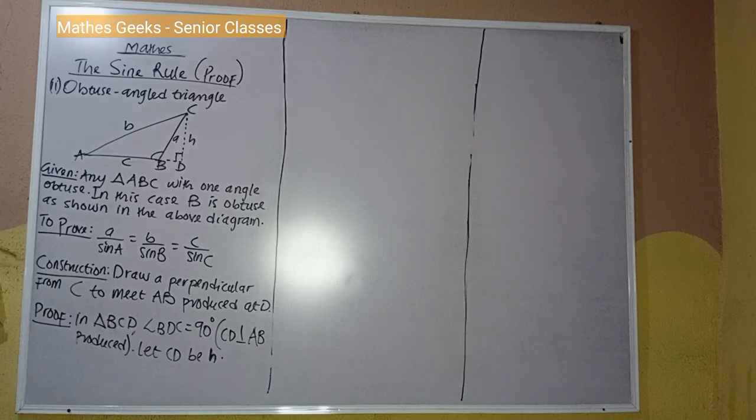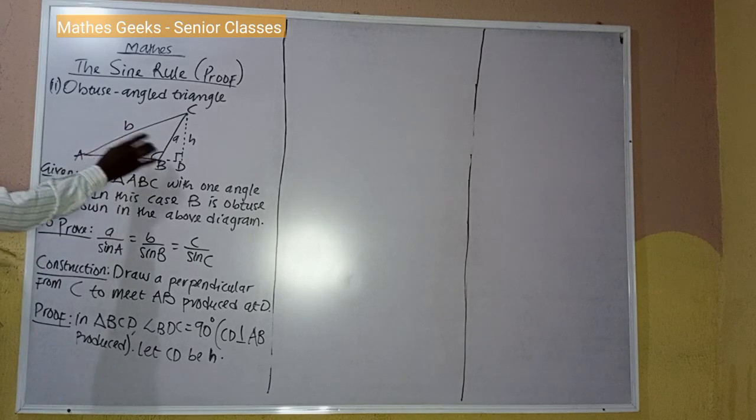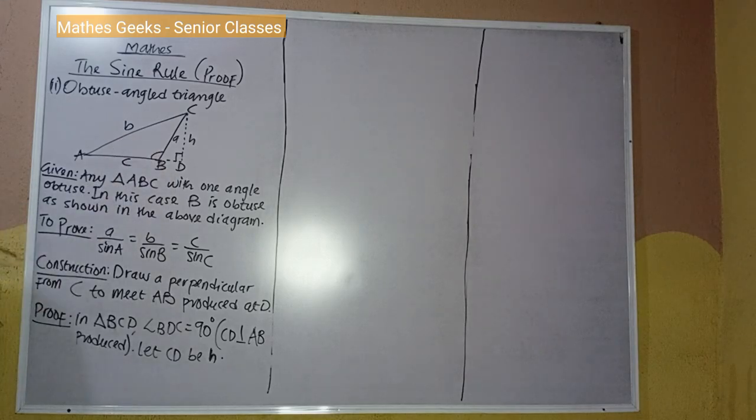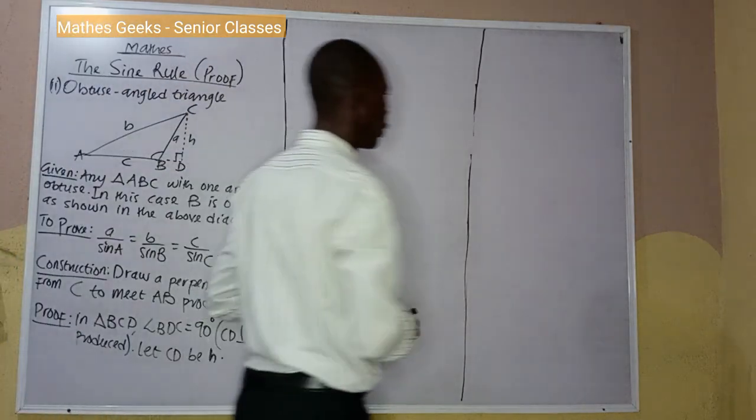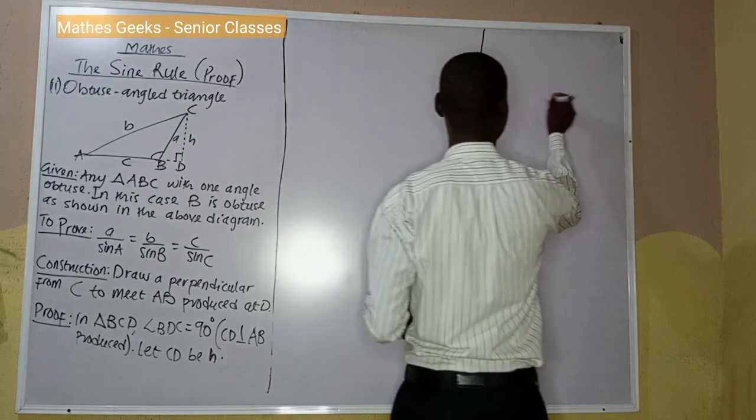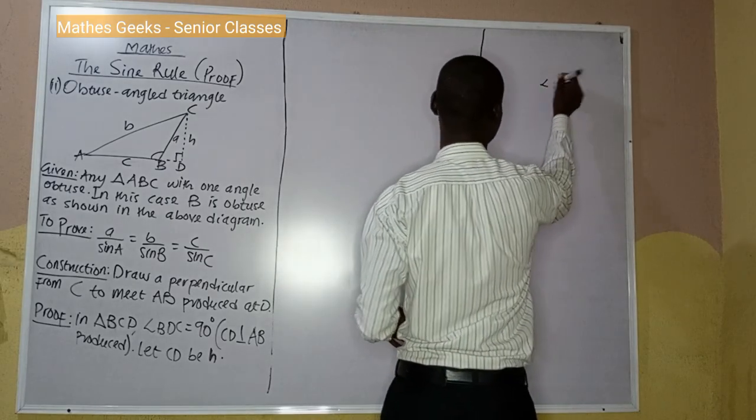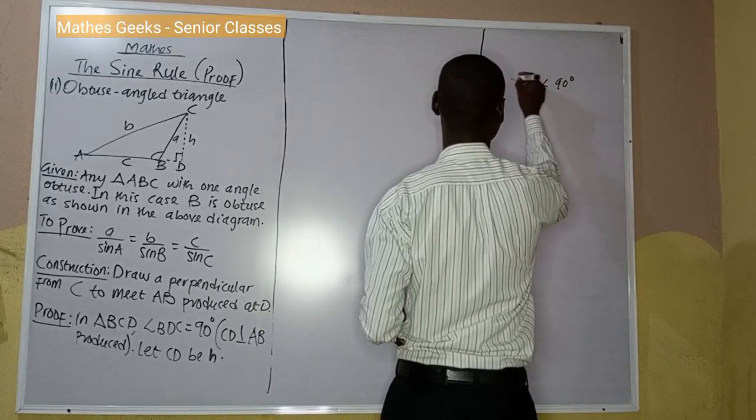The obtuse angle triangle. We're going to carry out the proof for the sine rule on an obtuse angled triangle. Given any triangle ABC with one angle obtuse, in this case B is obtuse as shown in the diagram. You need to know the difference between an acute angle and an obtuse angle. Acute angles are angles that are less than 90 degrees.